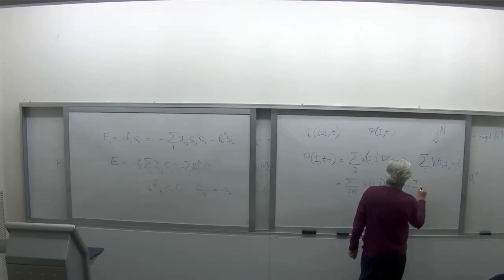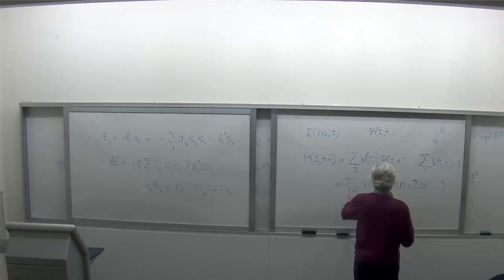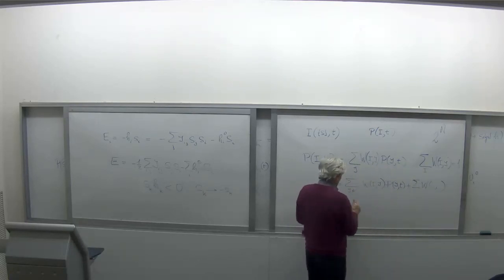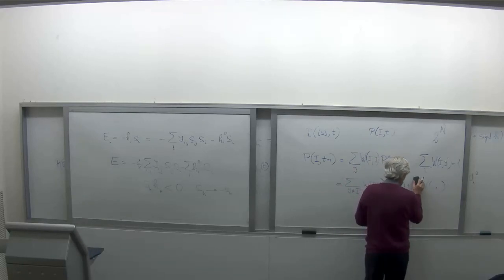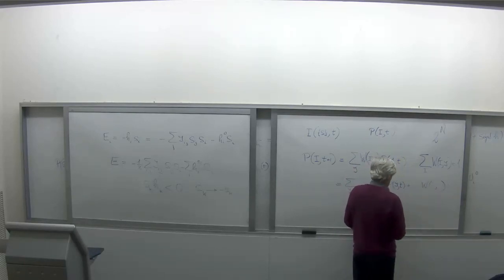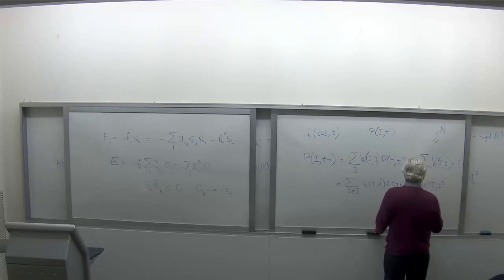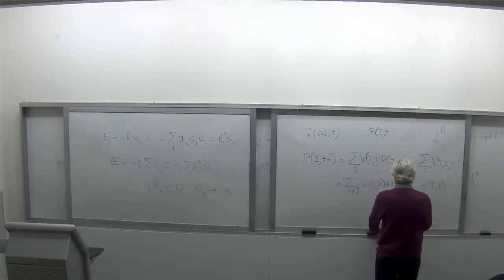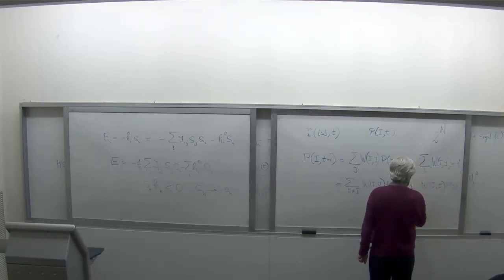This will be written as P_i(t) plus the sum over j not equal to i of W_ij P_j(t).